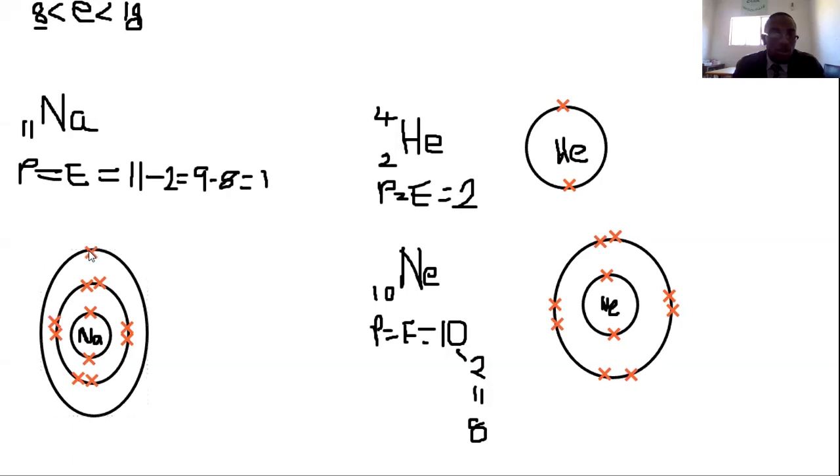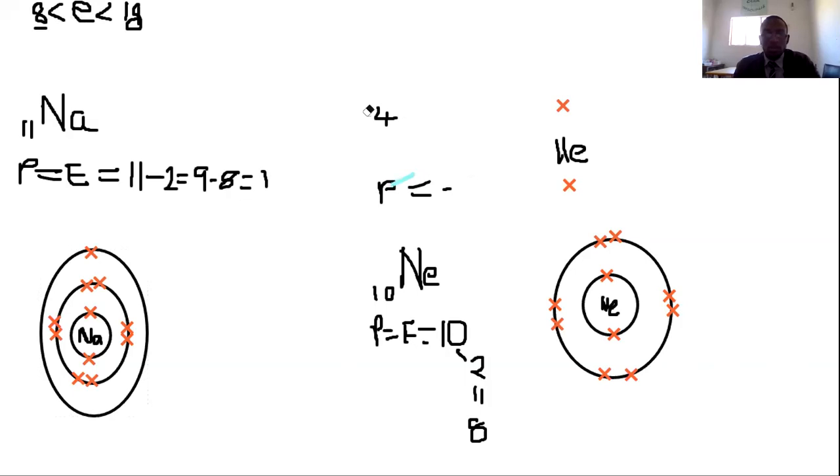So the 1 goes there. That is the sodium atom electronic structure. Allow me to clear this part so that we look at another complex structure.